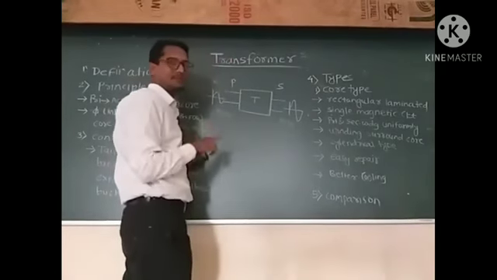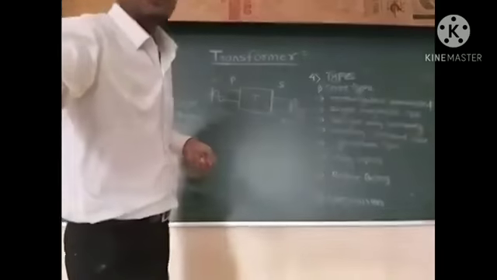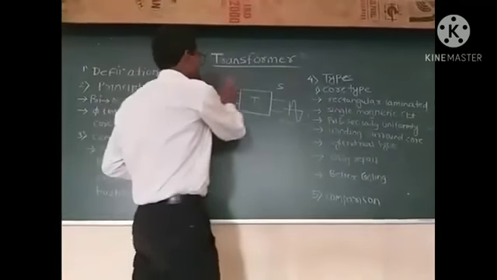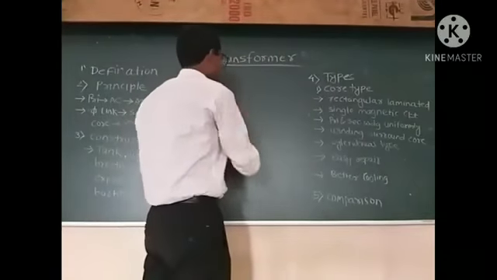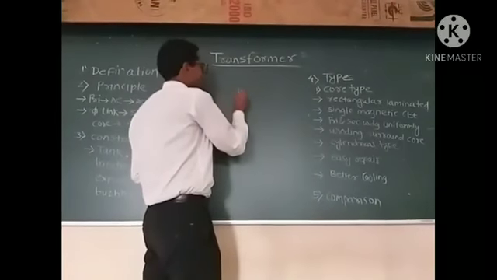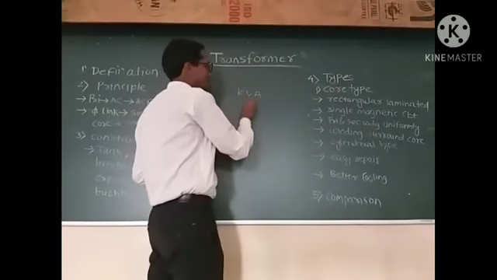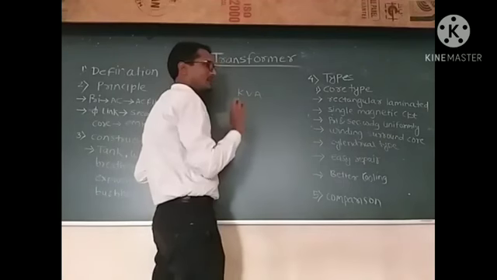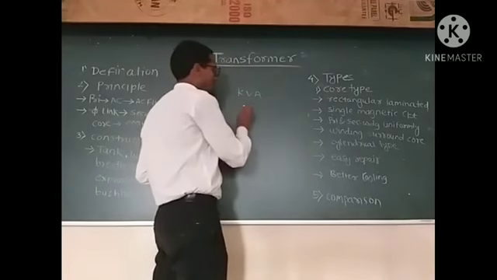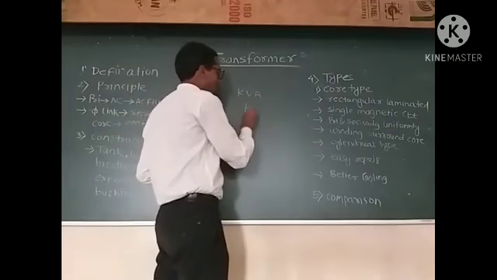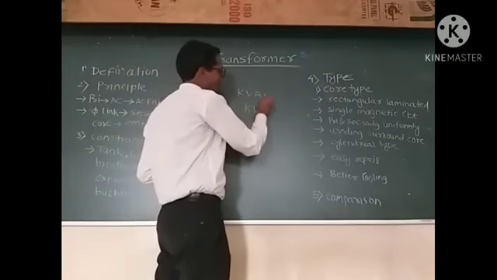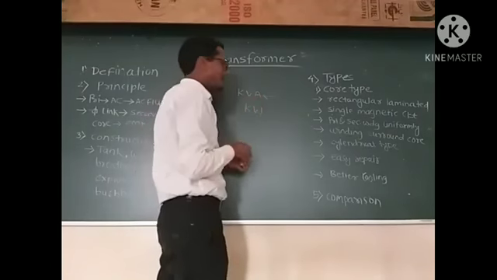Okay, this is the basic of the transformer, and the rating of a transformer is always measured in kVA, that is kilovolt ampere. The transformer's unit is not kilofarad, because a transformer is always measured in volt ampere.